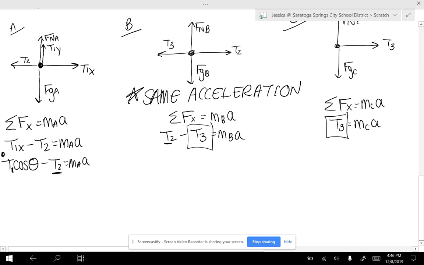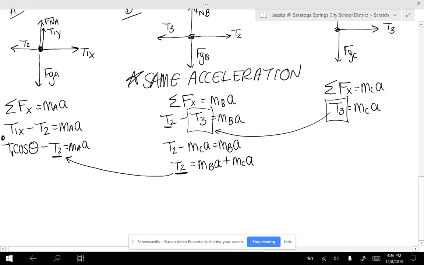So I can use C and kind of work my way forward. So if T3 is MCA, I can substitute in for T3 over here. So T2 minus MCA is MBA. And I can use this to find T2. T2 equals MBA plus MCA.